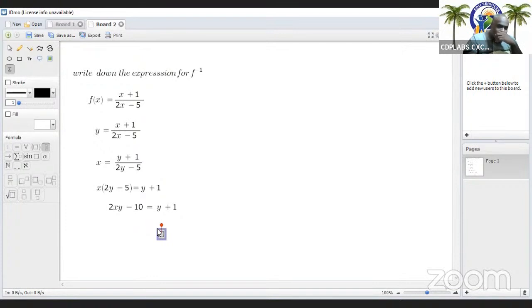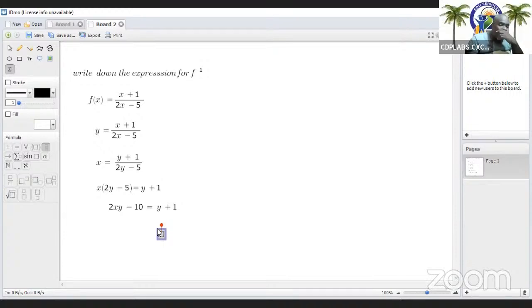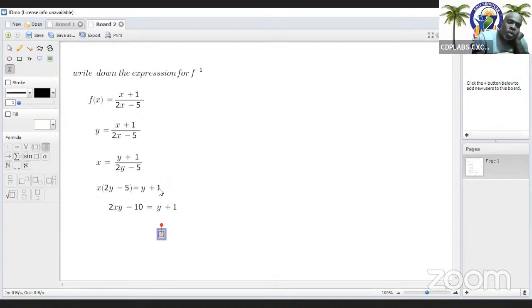Everybody got that? I hope you get it. The aim is to get y on one side. So we'll carry over the 1. Once you're carrying over a number, you basically mean that you're reversing the action. Here it's addition, so we subtract on this side.